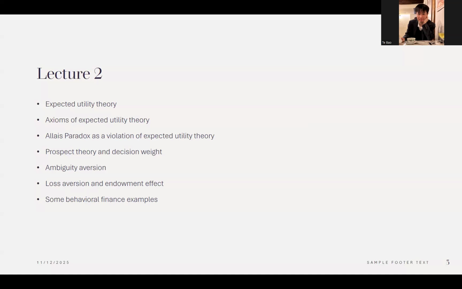That's actually the most important insight brought by prospect theory. Traditional economics or expected utility theory tend to think people will treat 1% as 1%. They have a linear perception or linear weighting of probabilities.